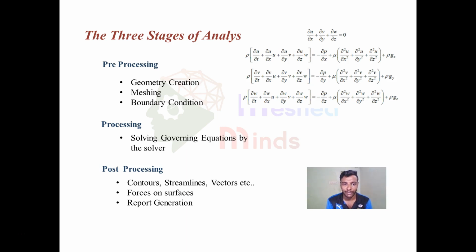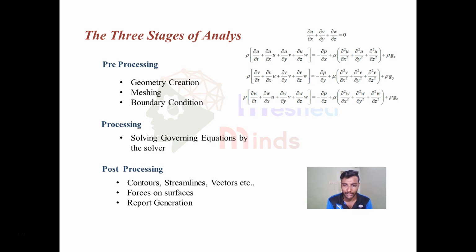So we'll be taking a detailed look at meshing in the following videos, but for the time being, please understand that geometry creation, meshing and boundary condition are going to form the pre-processing stage. So what I mean by boundary condition is the boundary values of whatever parameter that we are going to look at.